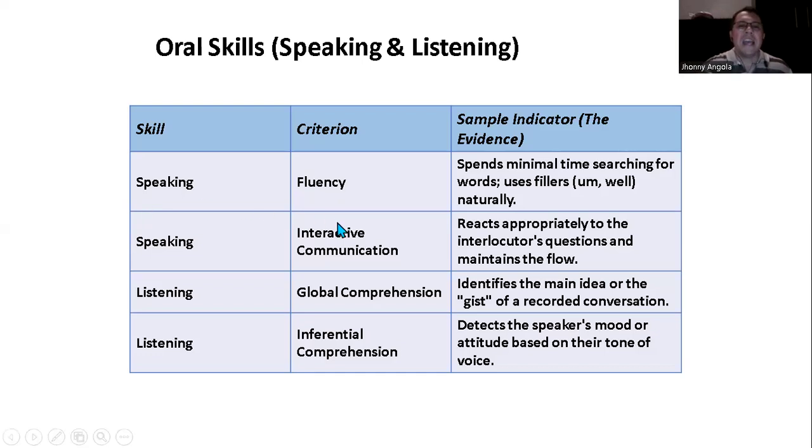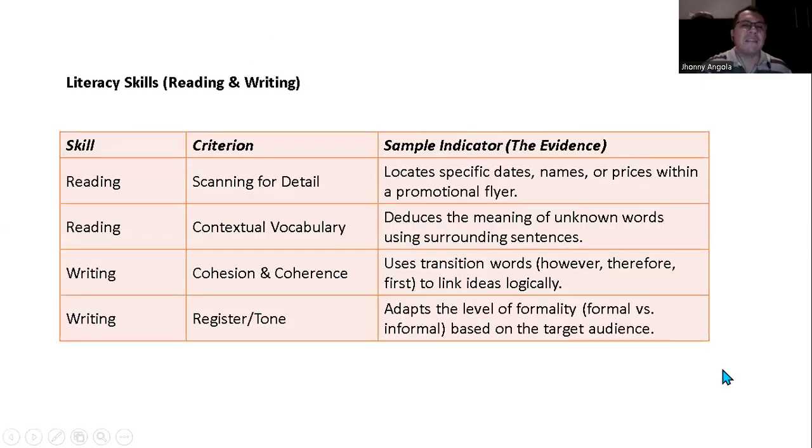Yes, inferential comprehension: detects the speaker's mood or attitude based on, let me see, their tone of voice. Yes, those are other examples. I'm going to show you simple samples about how you are going to design a criterion and an indicator according to different skills. Just we are working with speaking and listening in this case.